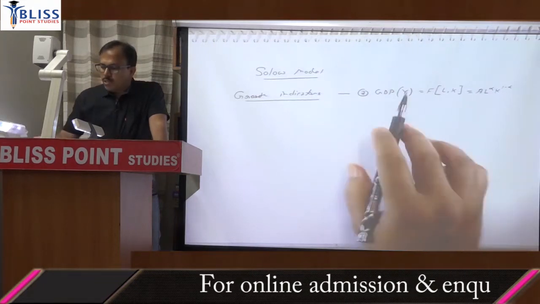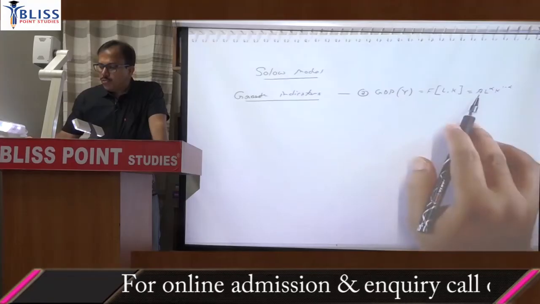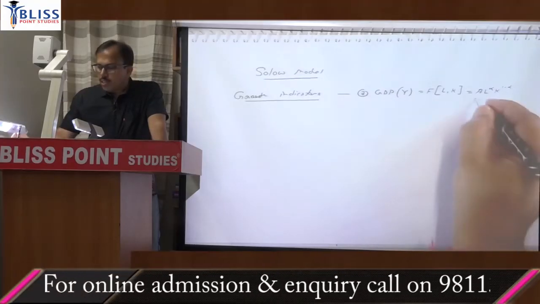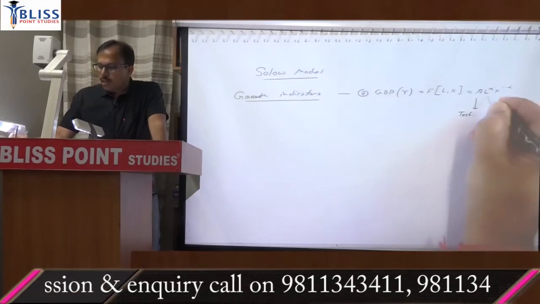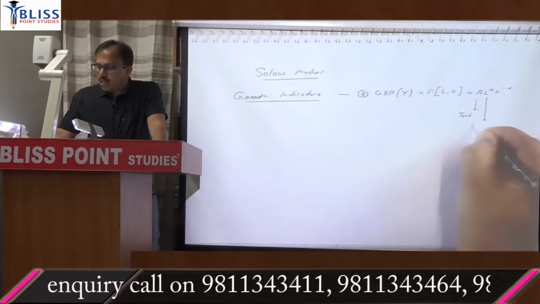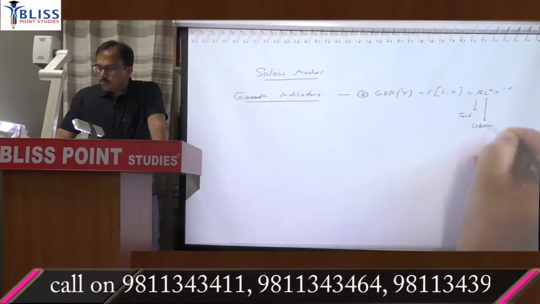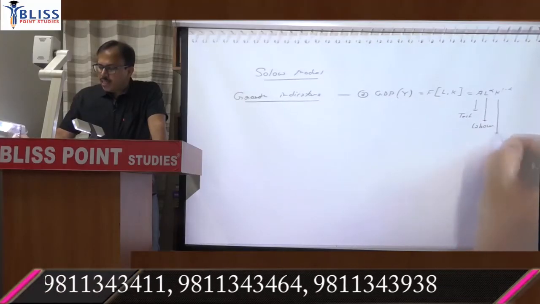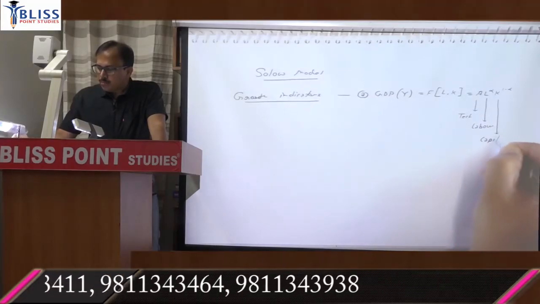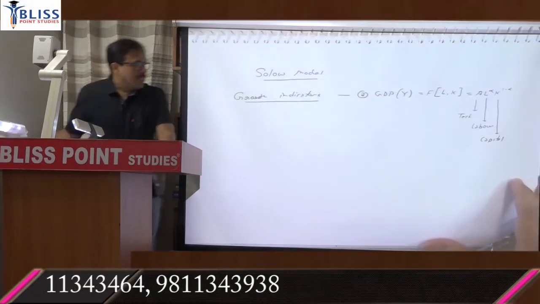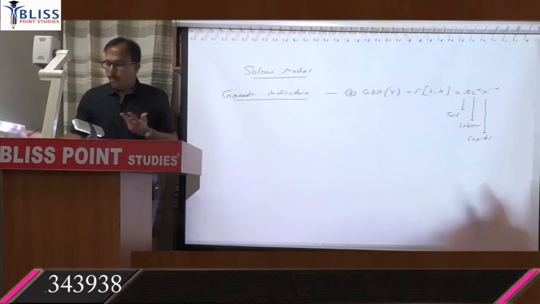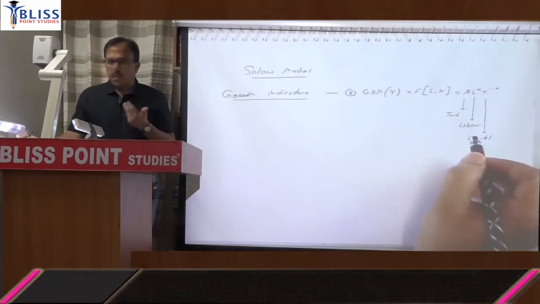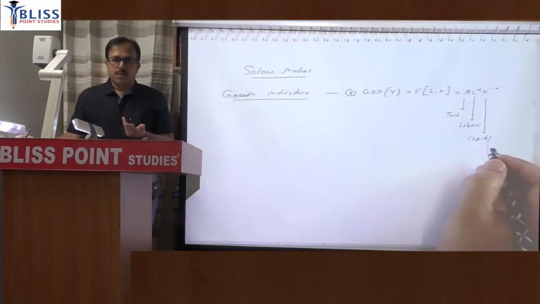So it means GDP depends upon three numbers here. This A represents technology, L is the labor force, and K is capital. So GDP is basically a function of three things: technology, labor force, and capital.